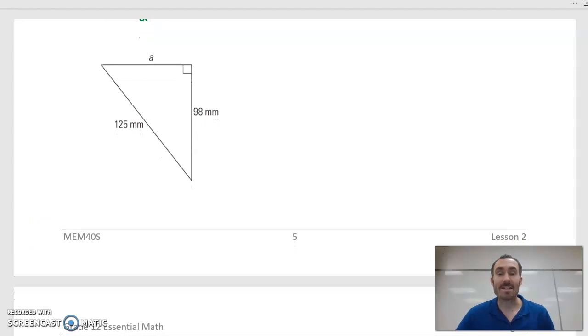Let's figure out a side that is not the hypotenuse. So this A over here, we can tell that that's not the hypotenuse because it is not across from that 90-degree angle. The hypotenuse is this 125. And so when we use c squared equals a squared plus b squared, we're not going to put 125 and 98 in these two spots, because the hypotenuse always has to go in the C spot.